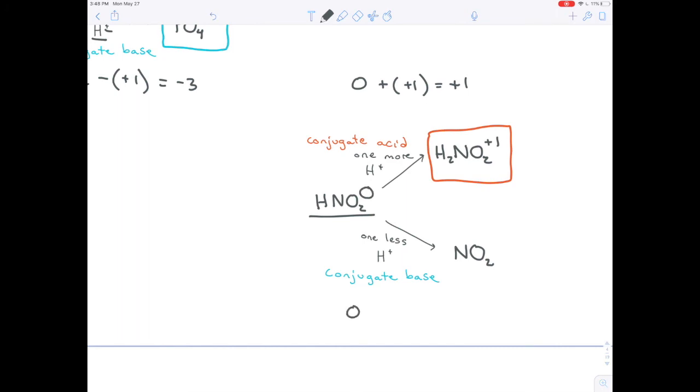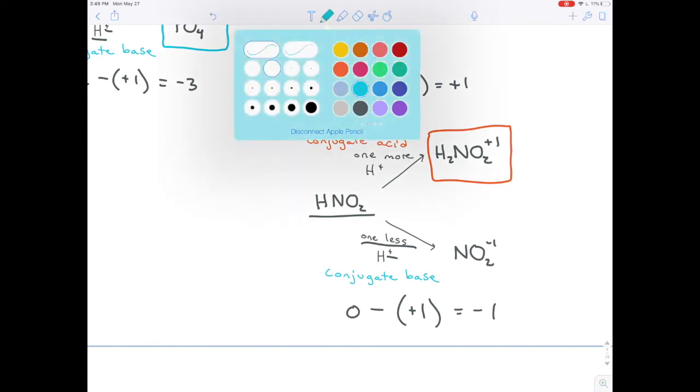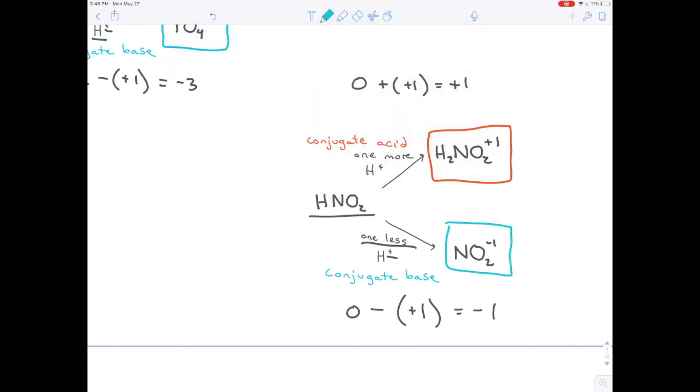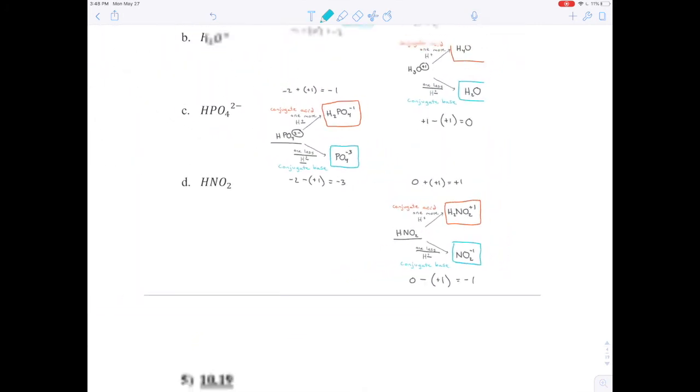The charge starts as 0, because nothing is written in the top right of the molecule, and we're subtracting a +1 charge. So 0 minus +1 is -1. That's what you'd write in the top right. And the conjugate base for HNO2 would be NO2 1-.